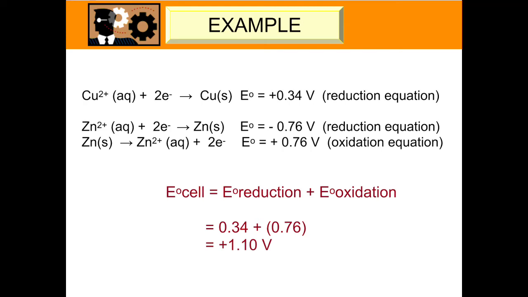By using the formula E0 cell equals E0 reduction plus E0 oxidation, we substitute the value 0.34 from the cathode plus 0.76 from the anode that has been changed from negative to positive. So, we will get the value of E0 cell as 1.10 volt. Same answer as the first formula that we used.